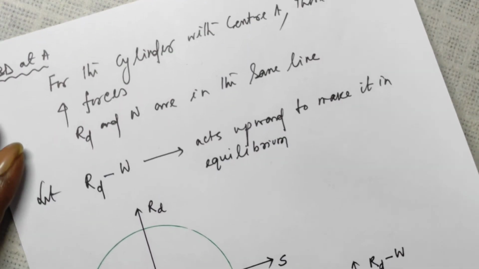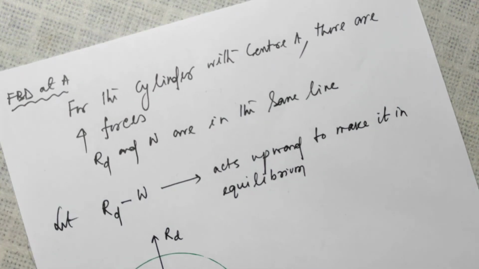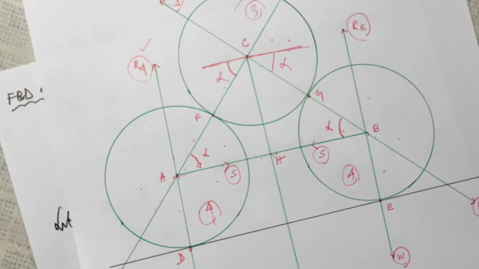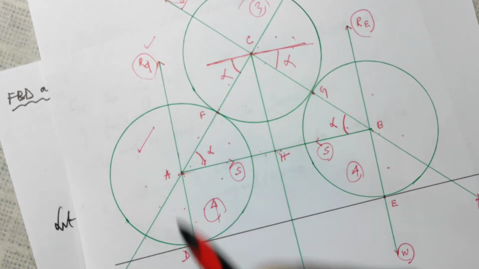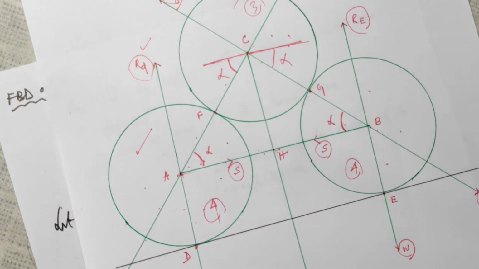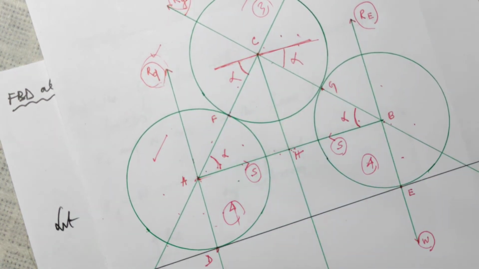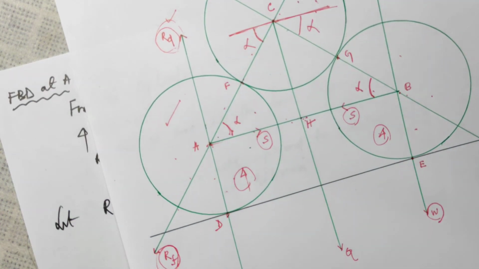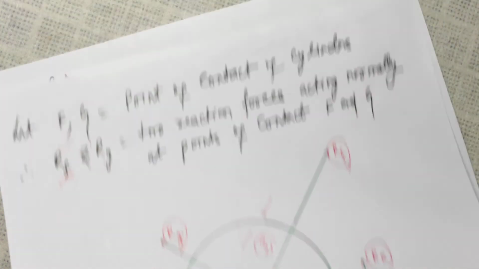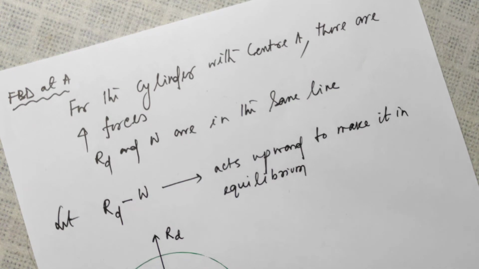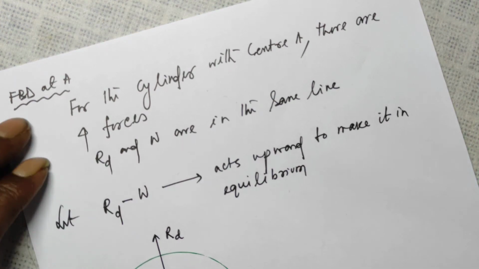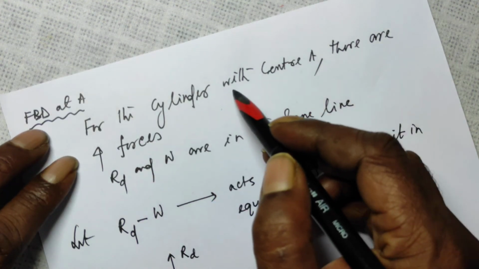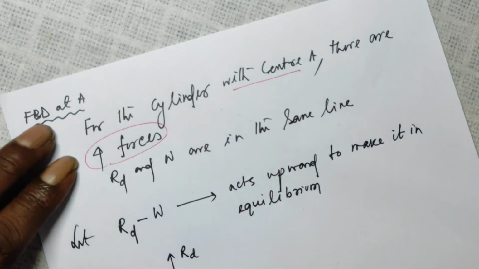Now, the free body diagram at point A. At this point, for the cylinder with center A, there are four forces.